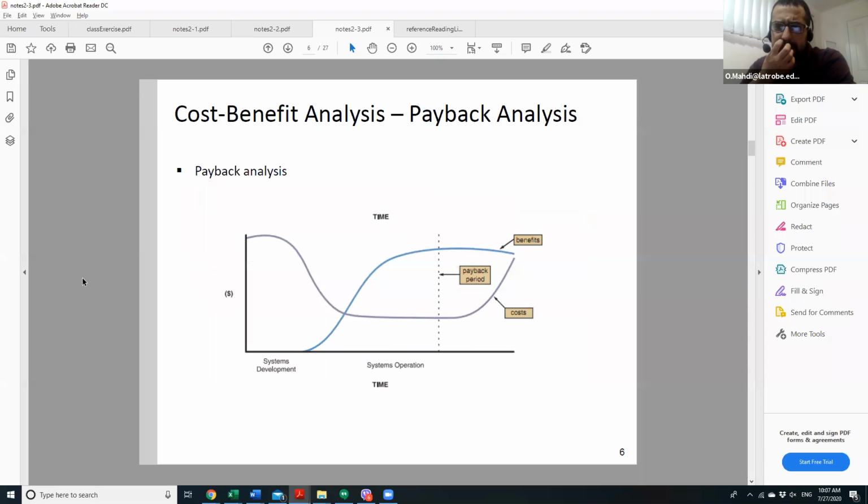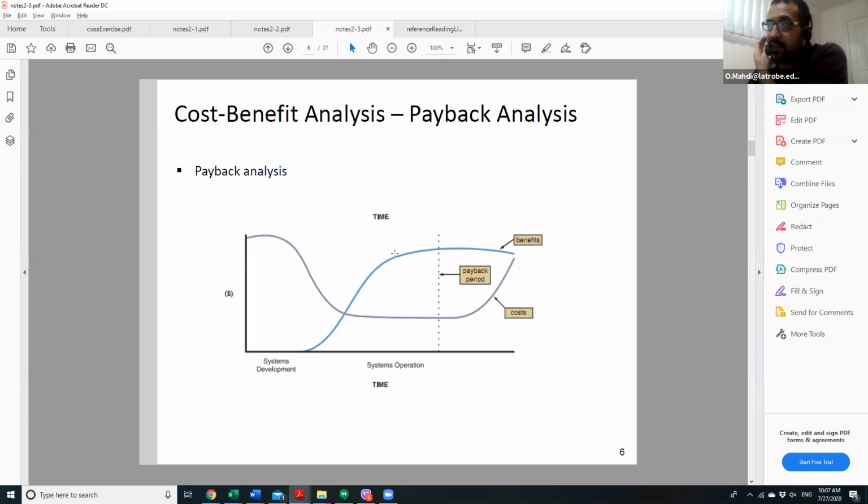As you can see, we have a figure here. The y-axis represents the cost, and the x-axis represents the benefits. The purple line represents the costs of any project or information system, while the blue line represents the benefits.